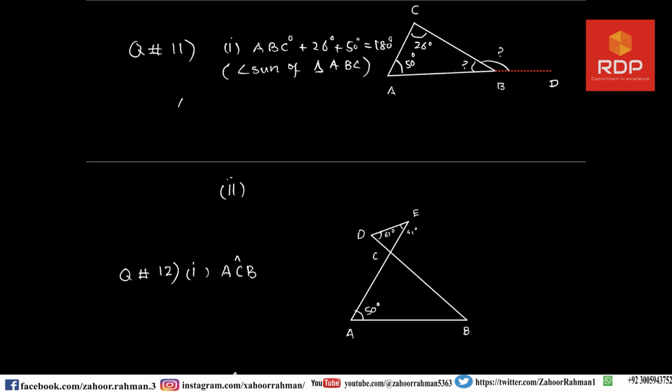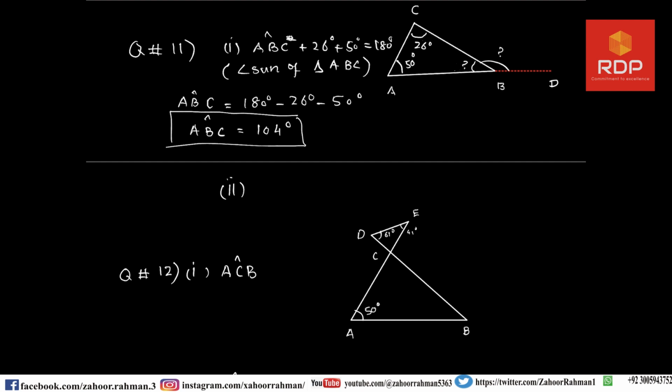So now it is the turn to find angle ABC, not degrees here. That is an angle. So ABC is equal to 180 degrees minus 26 degrees minus 50 degrees, and finally we will get ABC to be 104 degrees, and that is the whole story about the first part.